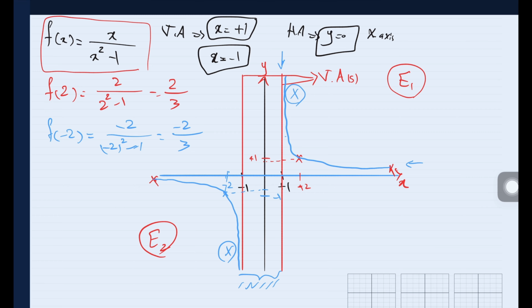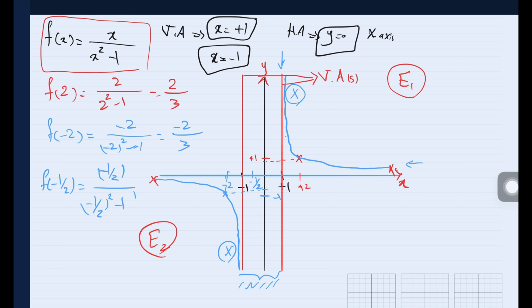So for example, if I have -1 over 2, and I want to calculate f of -1 over 2, then I have -1 over 2 divided by (-1 over 2) squared minus 1.